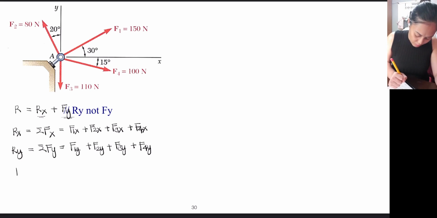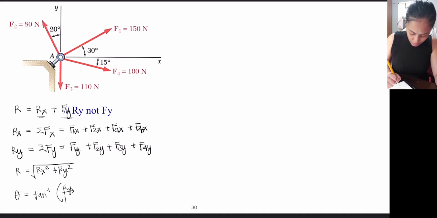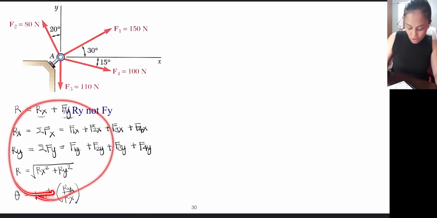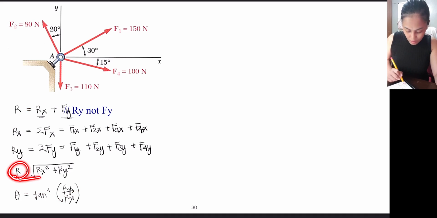We can get the magnitude by using the Pythagorean theorem: the square root of Rx squared plus Ry squared. And then the direction theta is arctangent of Ry over Rx. So those are the steps in solving. Now we have the resultant force, its magnitude and its direction.